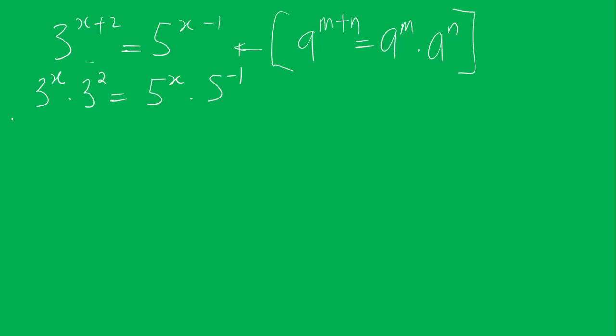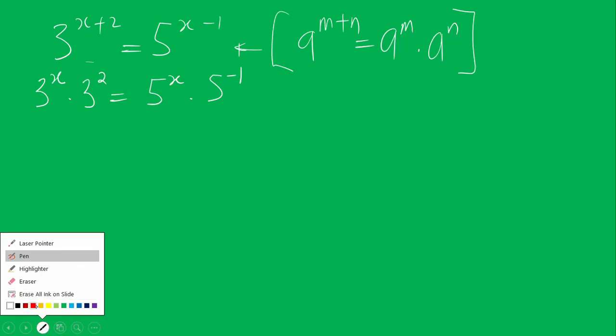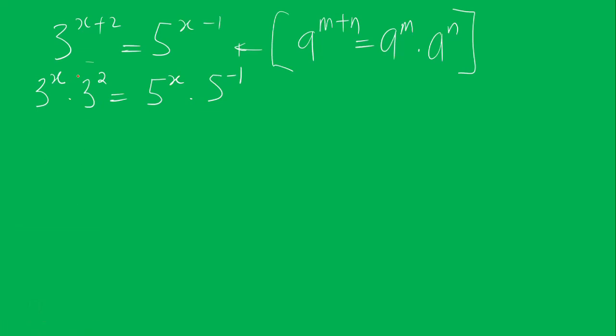Now, for us to move the variables to the left hand side while the constants are on the right hand side, note that this is not needed here on the left hand side, while this one is not needed on the right hand side.